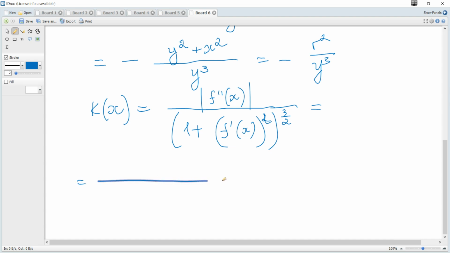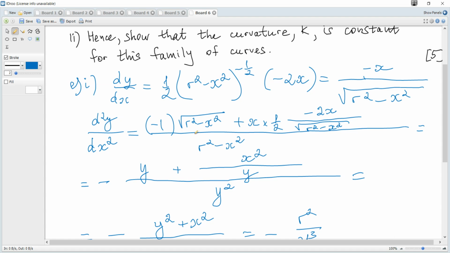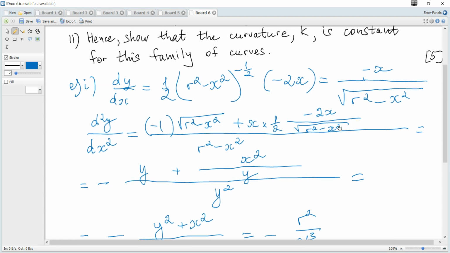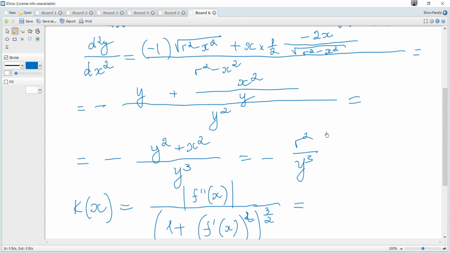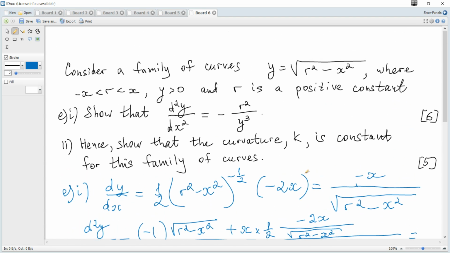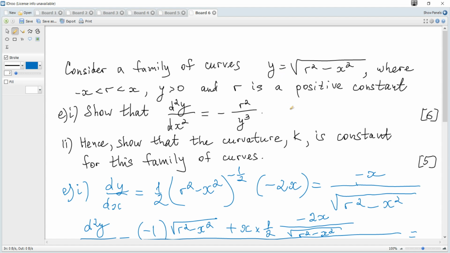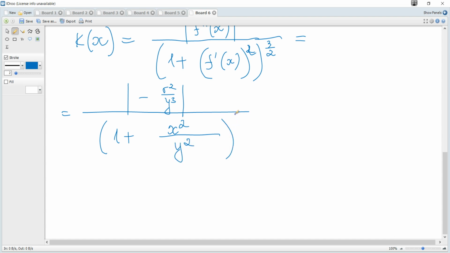So the absolute value, let's rewrite to be more clear. The second derivative is this, negative r squared over y cubed, over 1 plus the first derivative squared. The first derivative squared becomes x squared over r squared minus x squared, which is y squared, and all to the power of 3 over 2.